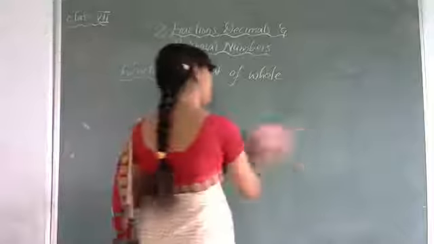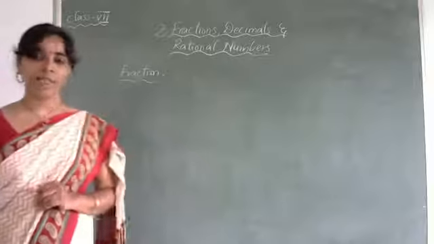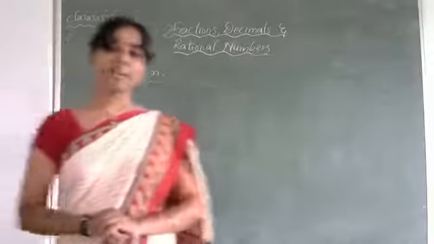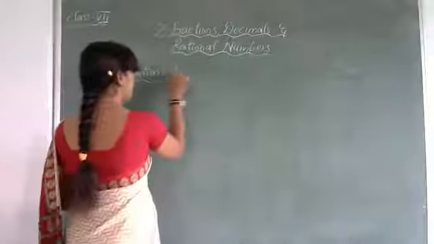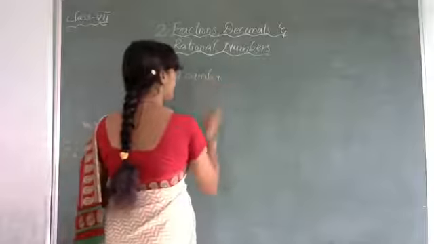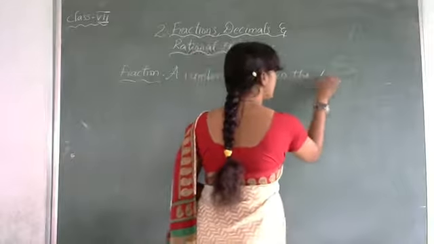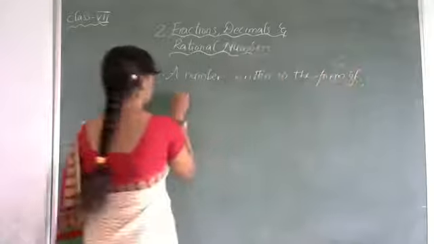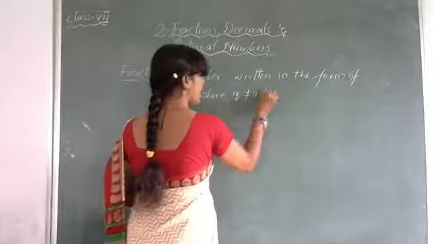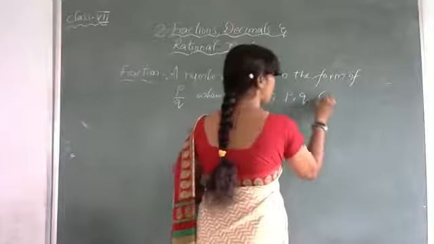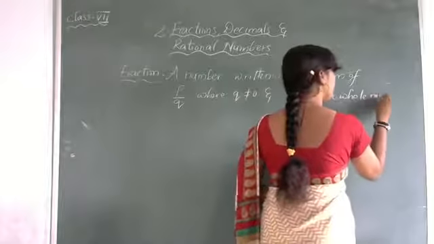But fraction has a definition, children. So I am going to write the definition. What is a fraction? A number which can be expressed in the p by q form is called a fraction. A number written in the form of p by q where q is not equal to 0 and p, q are whole numbers.